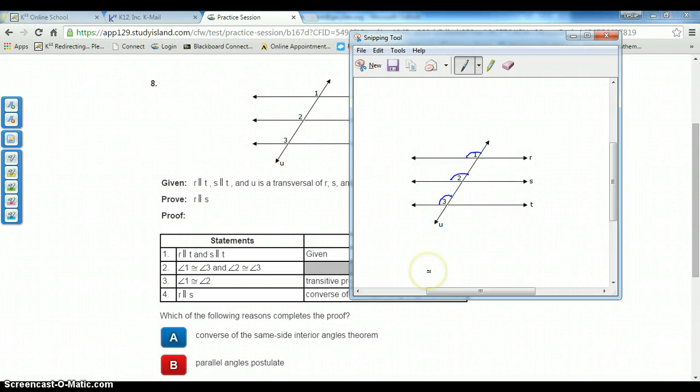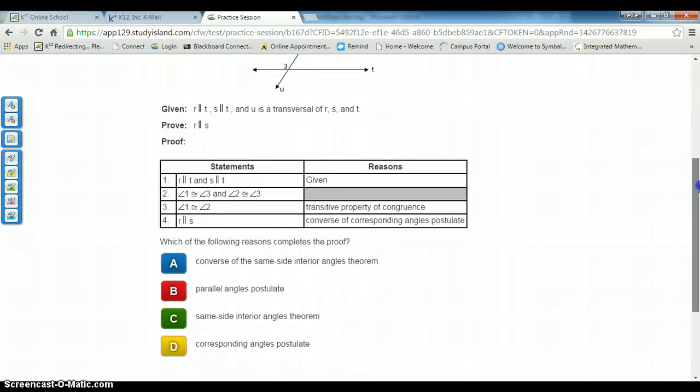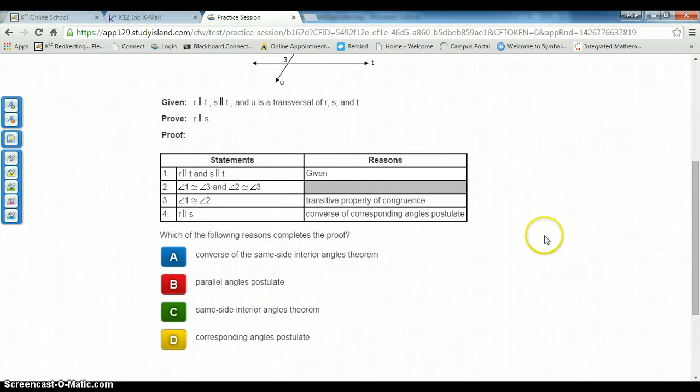Those are corresponding angles. Okay. And we've already said that they're parallel, so it's not the converse. So the corresponding angles postulate says that when lines are parallel and cut by a transversal, corresponding angles are congruent.